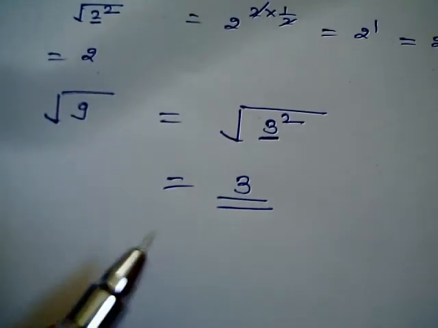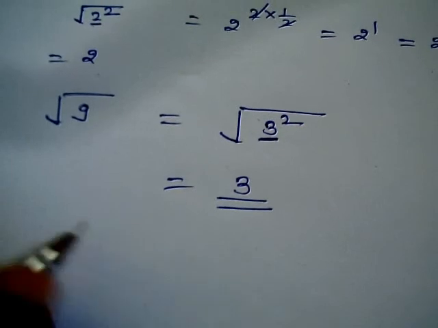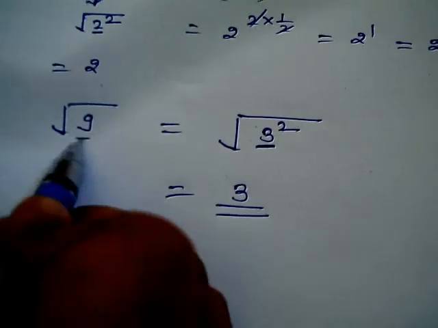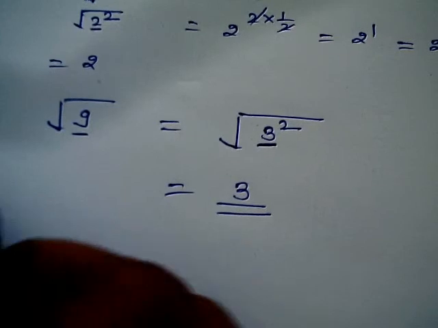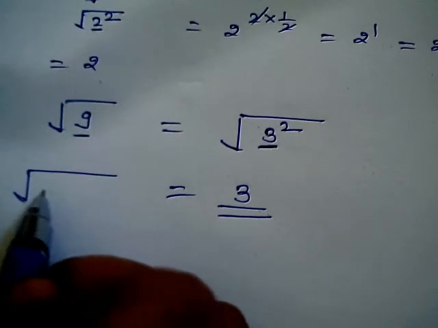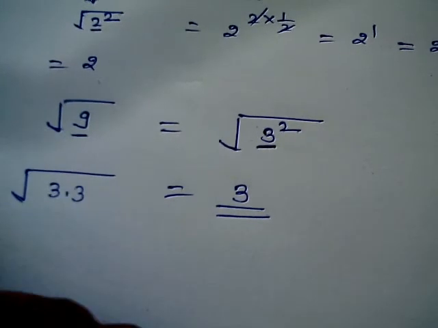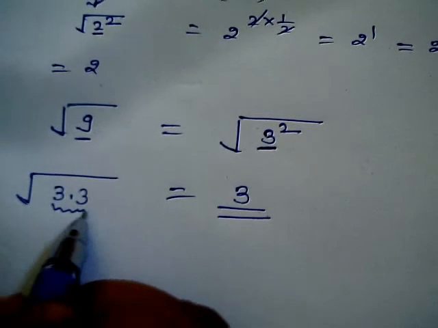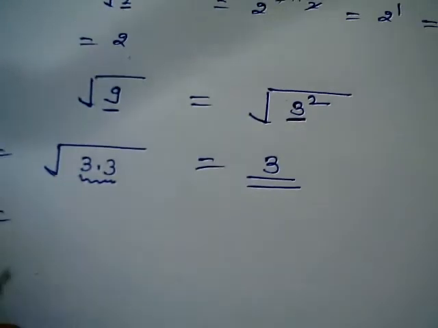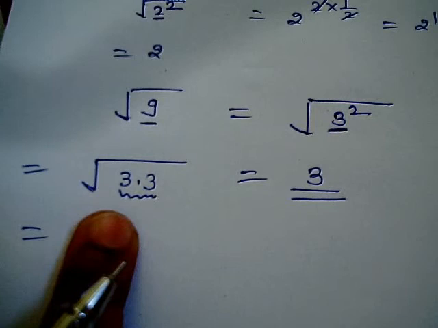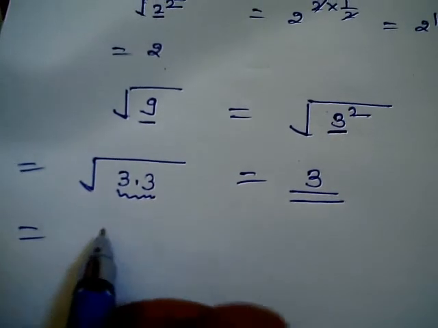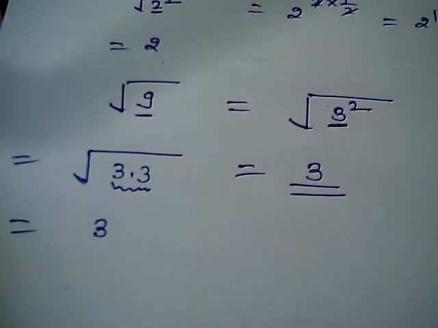When you factor 9, it comes to 3 times 3. If any number is repeating, if it is in a pair, that number itself will be the square root. So there are many ways of calculating the square root, whichever way you feel is easy.